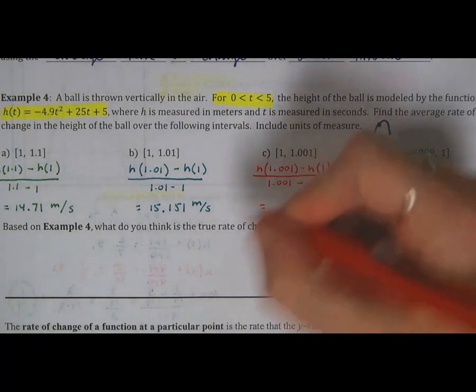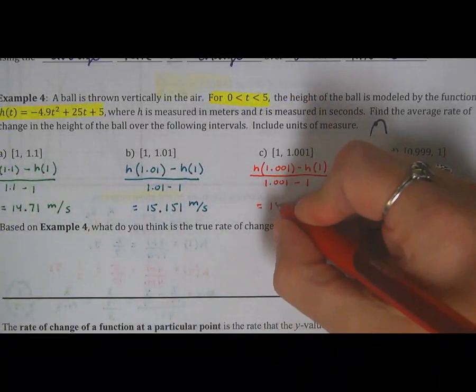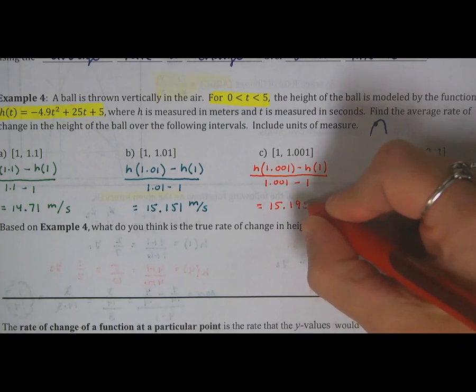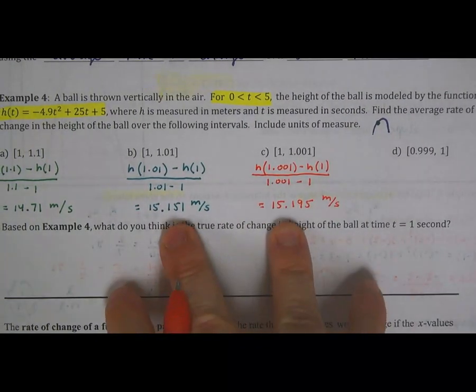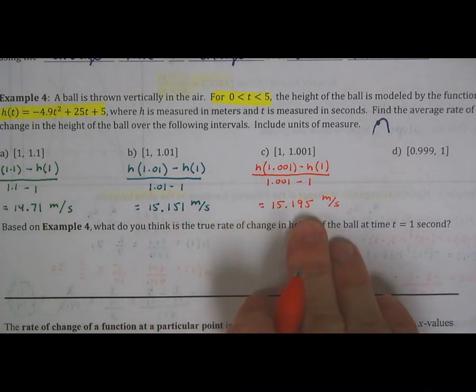What we would come up with is, on average, in that 1,000th of a second, the average rate of change is 15.195 meters per second. Very close to what we got here, but it's becoming a little bit more accurate.